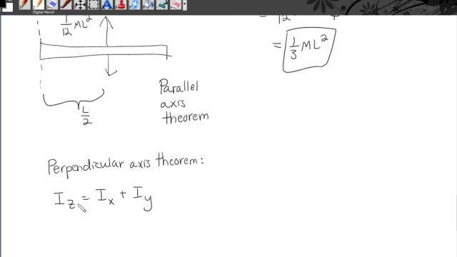And as you can guess, each of these represents an axis. And this only works, it's important to remember this, it only works for planar objects. So, like, basically two-dimensional stuff.